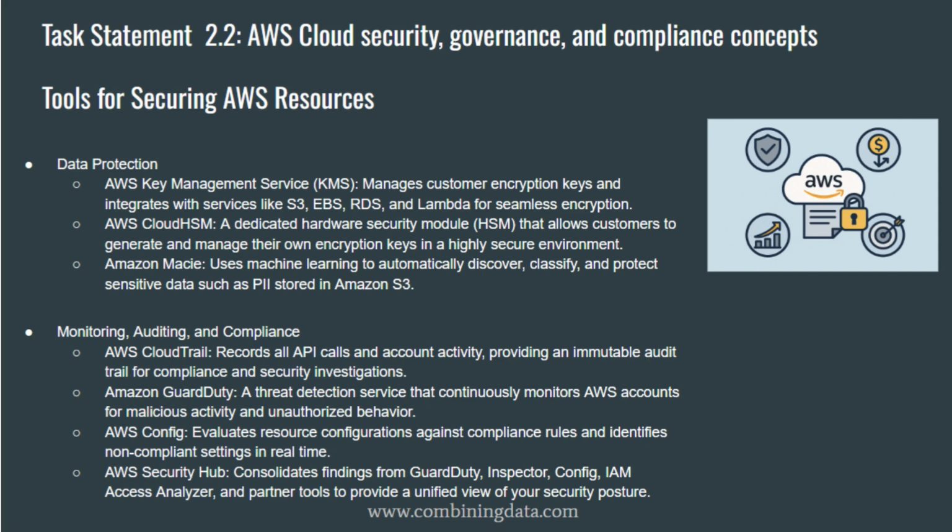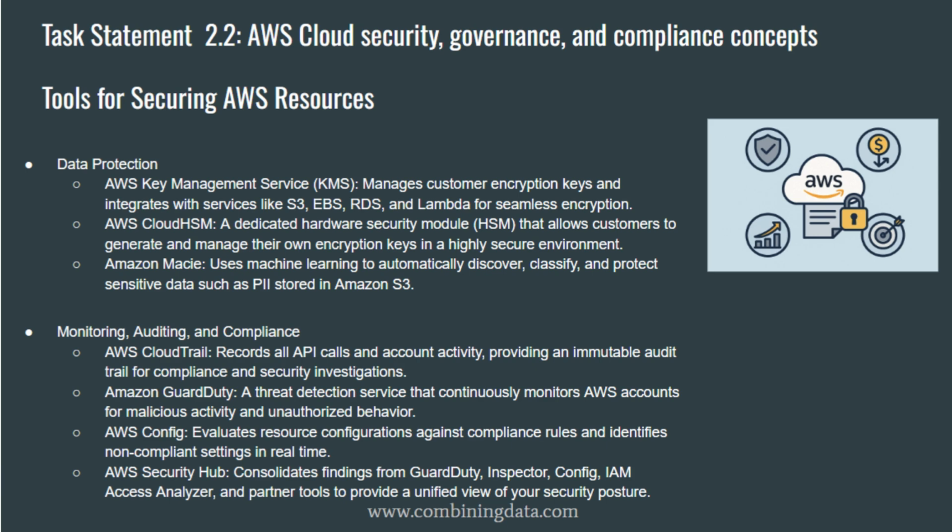Let's continue with the second part of tools for securing AWS resources, focusing on data protection and monitoring, auditing, and compliance. Data protection. At the core of encryption in AWS is AWS Key Management Service, or KMS.